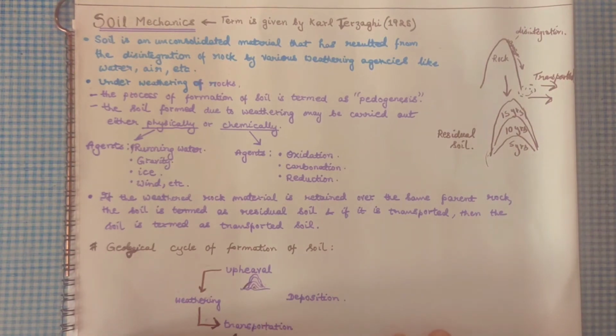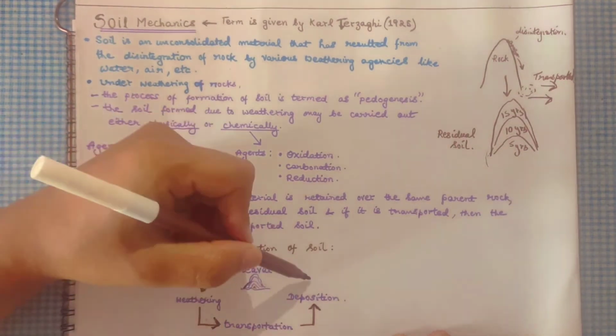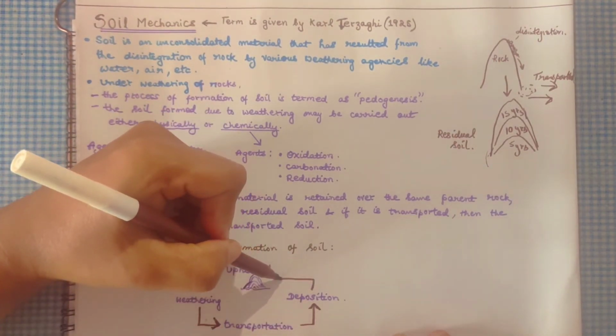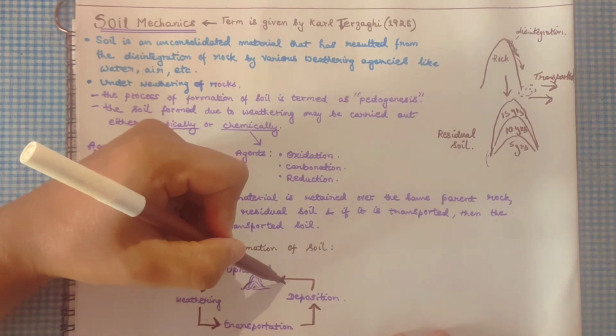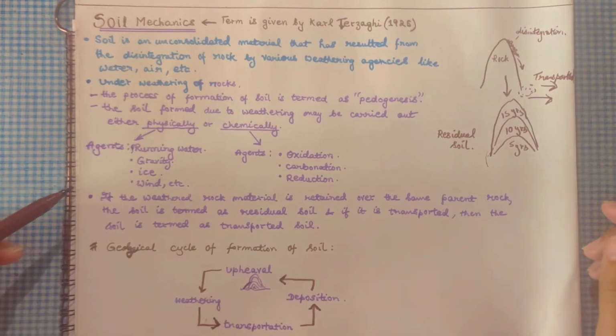If it is transported, it undergoes transportation, and then it deposits somewhere, and then from deposition it rises above, which causes upheaval. So it undergoes a cycle like this throughout. So this is just the beginning.